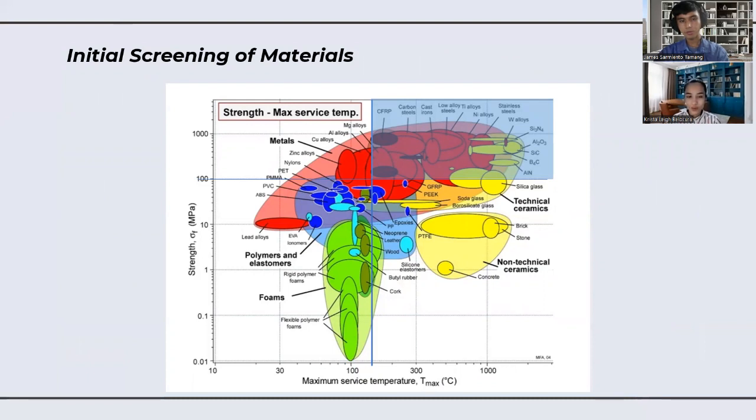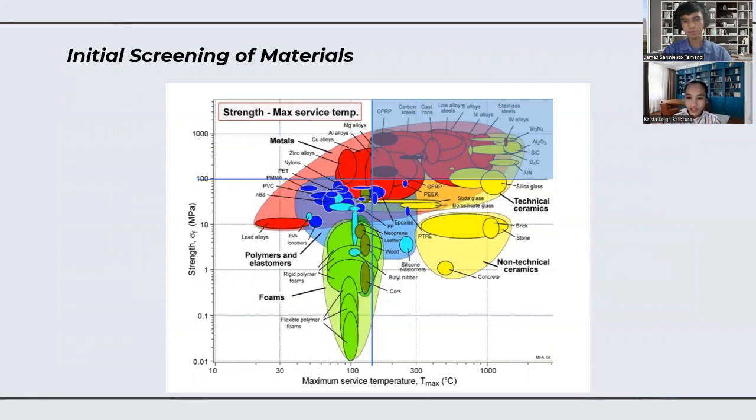The 5 categories are 1. Metals, 2. Polymers, 3. Elastomers, 4. Ceramics, and 5. Hybrids. Since the reaction must be operated at a high temperature, the material must withstand extremely harsh temperature conditions and must have considerable yield strength that is higher than 100 megapascal.